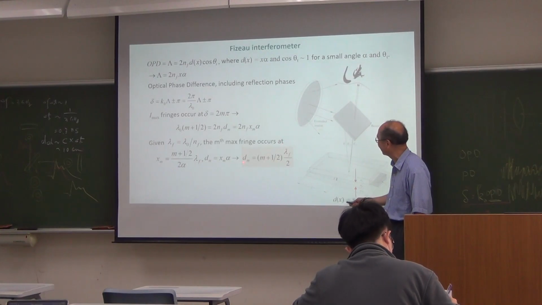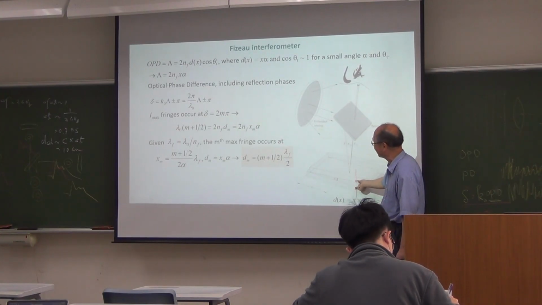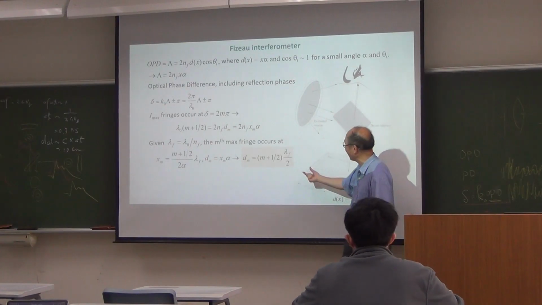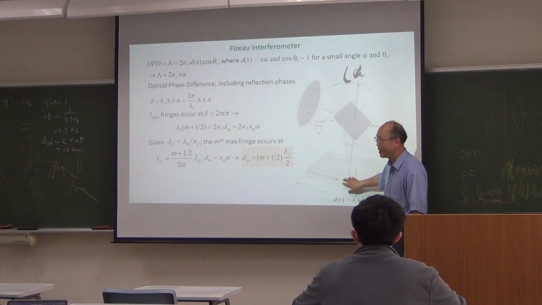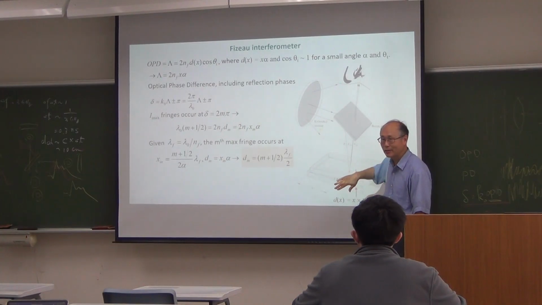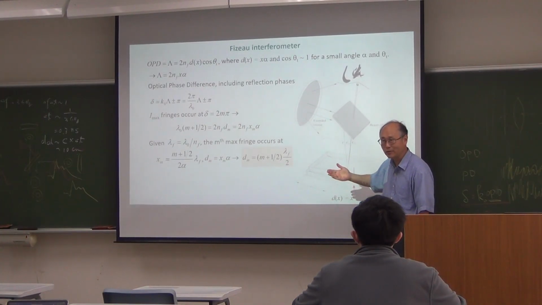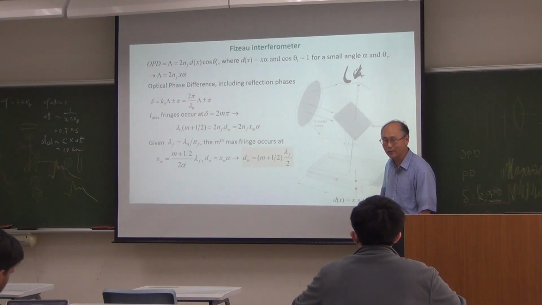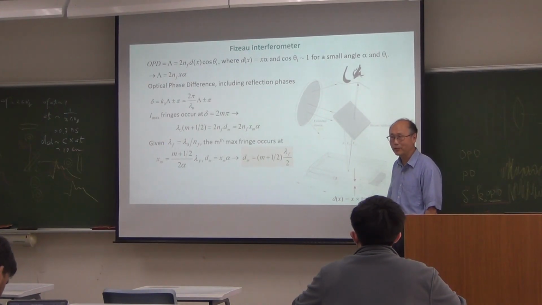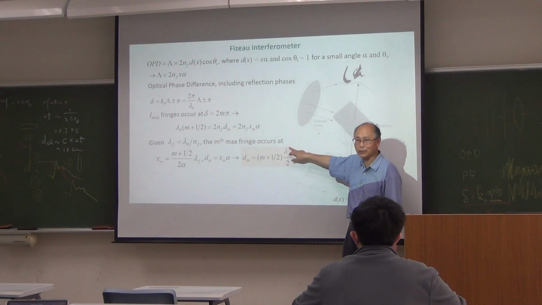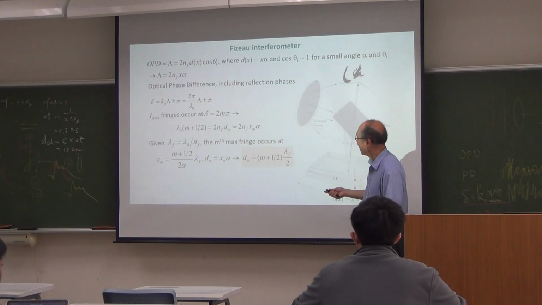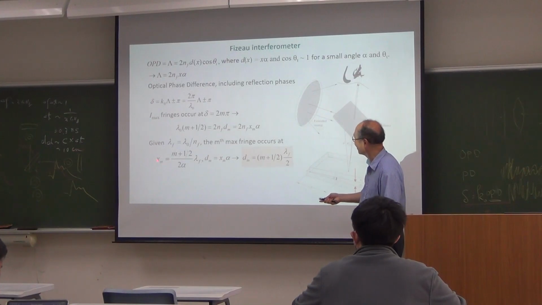Basically, every time the thickness changes by half a wavelength, you have repeated bright fringes, because a round trip is one wavelength. This is how you determine the location of the bright fringes and then deduce the optic path difference.